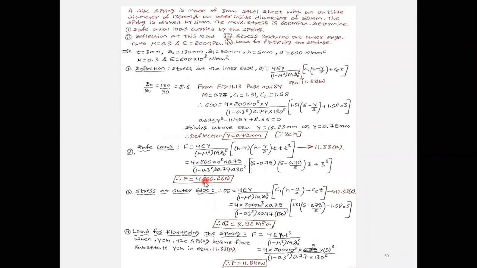If this much load is applied, there will be a small deflection of 0.79 mm and the material can take that load. If you apply more than this load, the disc spring will become flat and further it will not take any load.